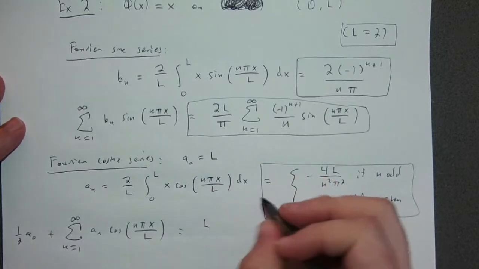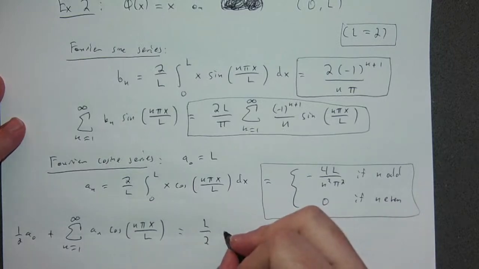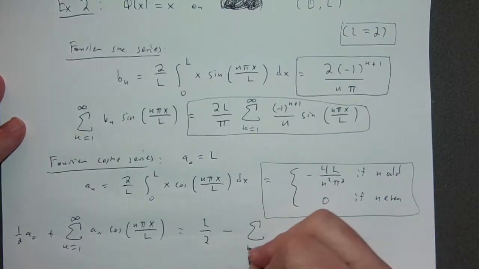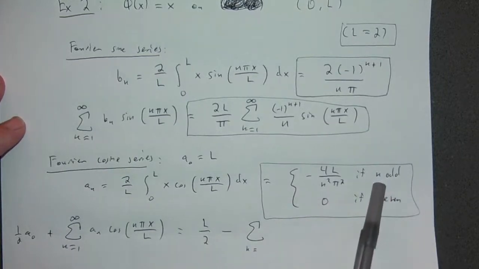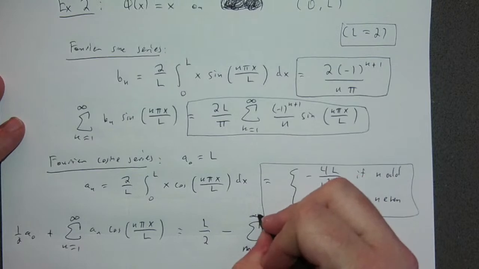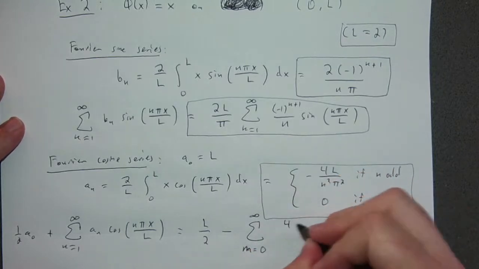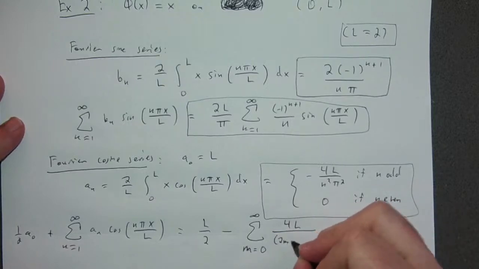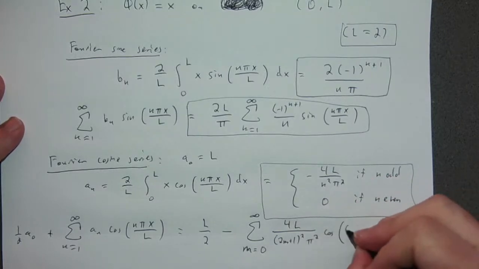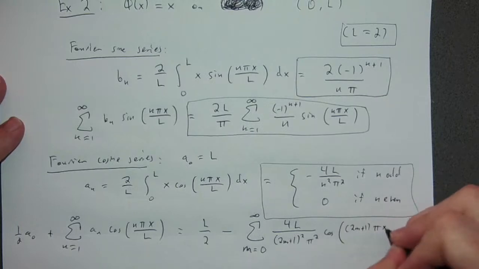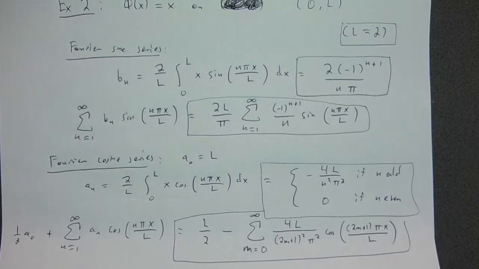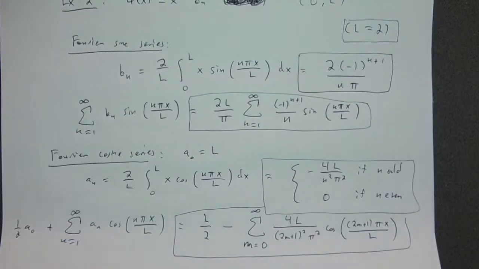This is L over 2 minus, since this is negative in every single one of these things, this is minus the sum, we can re-index this to sum over the odd integers, so this is m equals 0 to infinity of 4L over (2m plus 1) squared pi squared cosine of (2m plus 1) pi x over L. Right, so there it is. There's my Fourier cosine series. Okay.